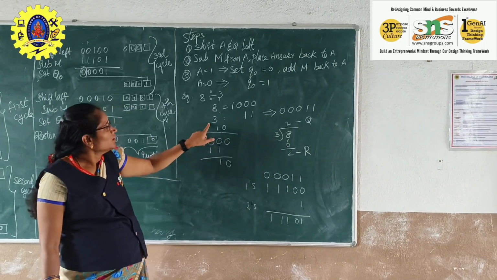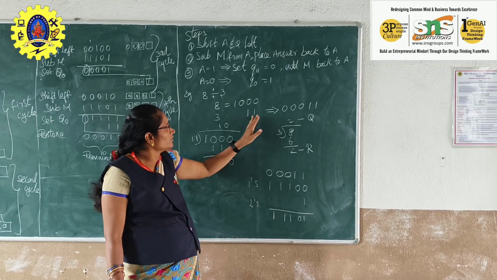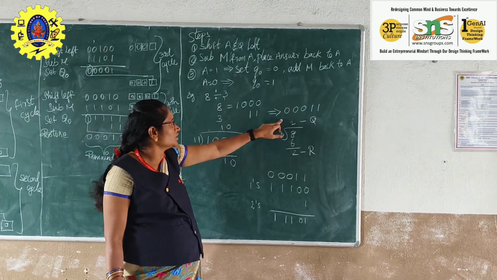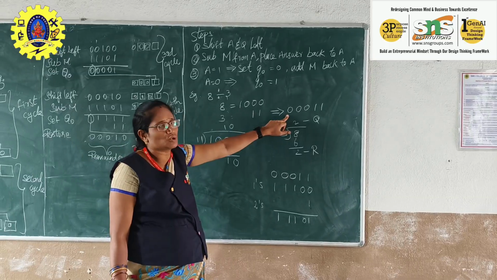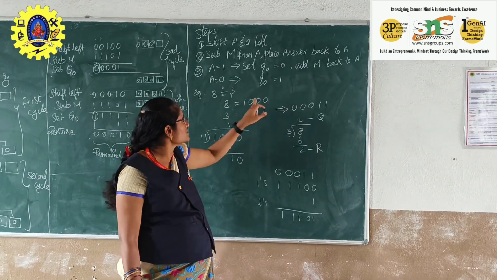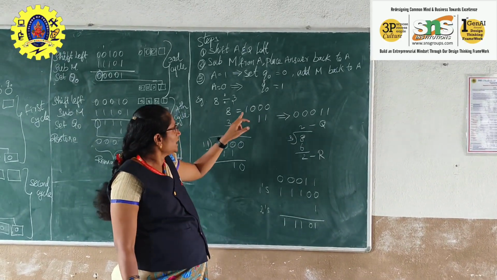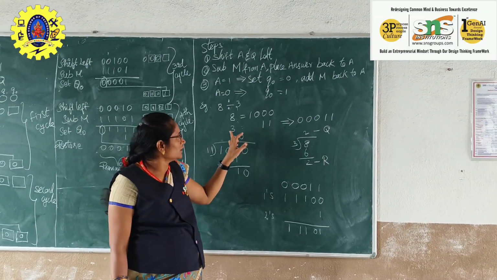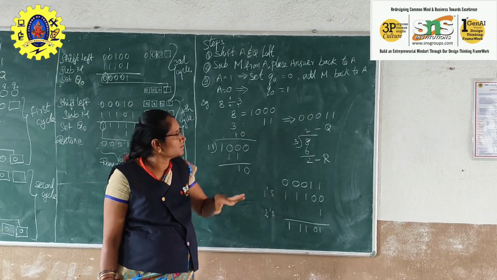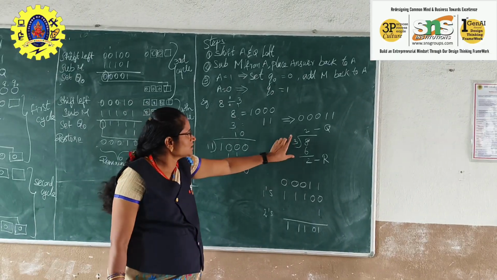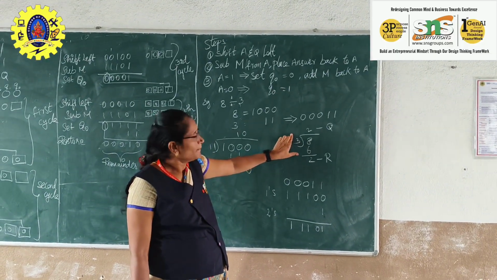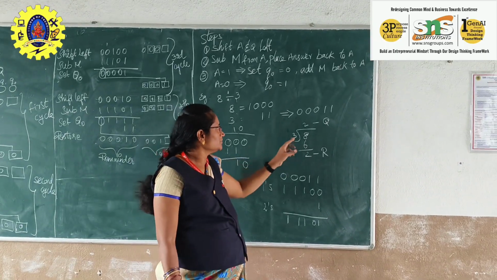Then, in the binary division, the divisor should be compared with the dividend 8. 8 has only 4 bits, but the register should be 5 bits. This is the normal division method which we have studied with paper and pen.